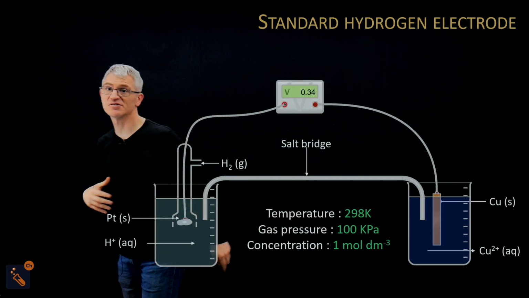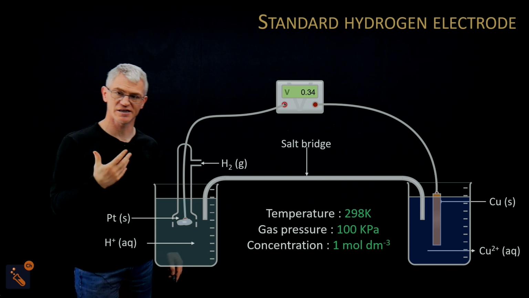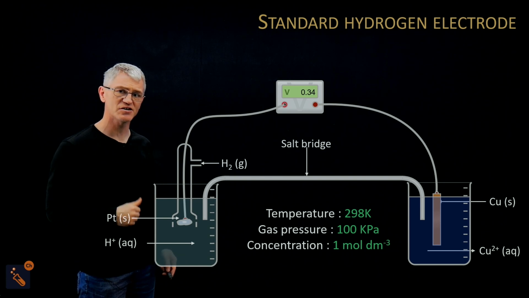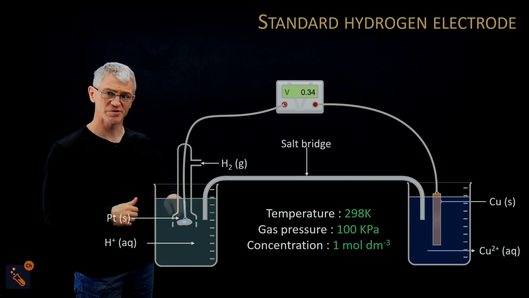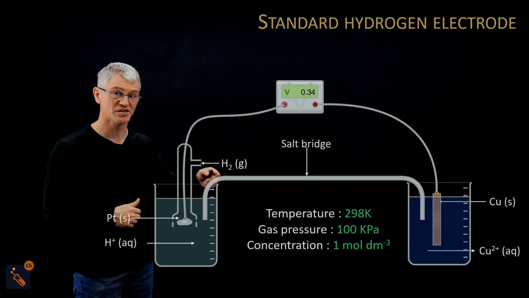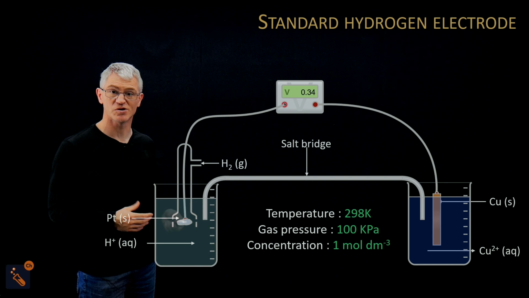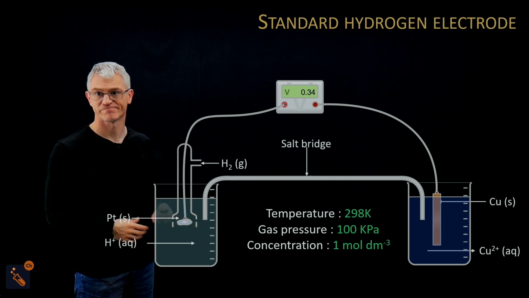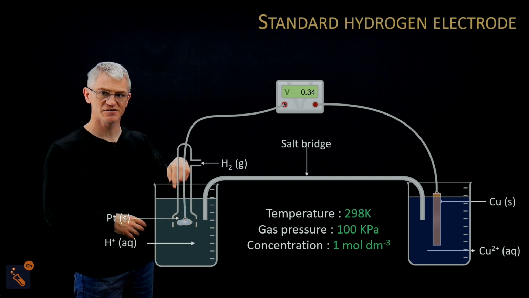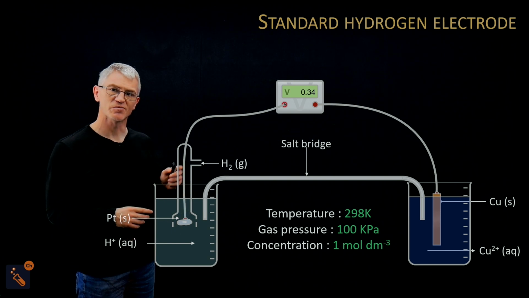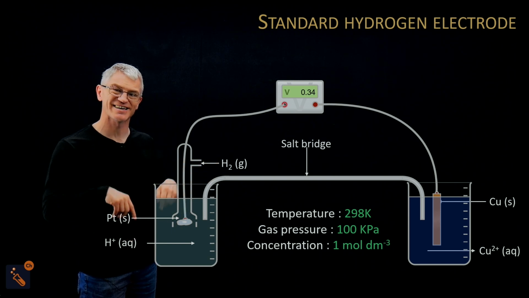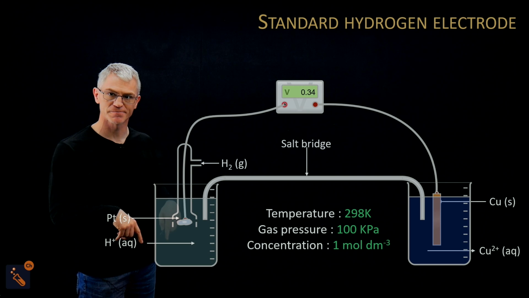I know the electrode potential overall, but how can I do it on each half cell? The answer is I do something called a standard hydrogen electrode. The standard hydrogen electrode is made of a bit of glass where you pump the hydrogen in at a pressure of 100 kilopascals overall. Because the hydrogen is a gas and the H plus is aqueous, you don't have a solid for your electrode.